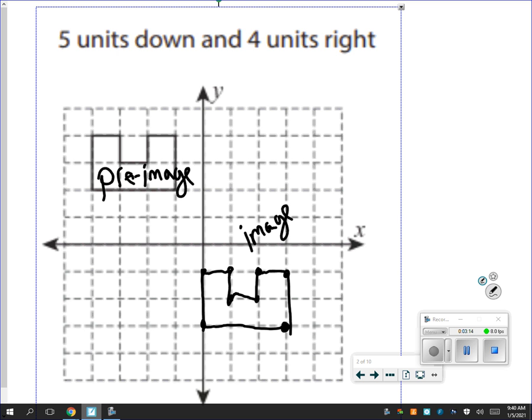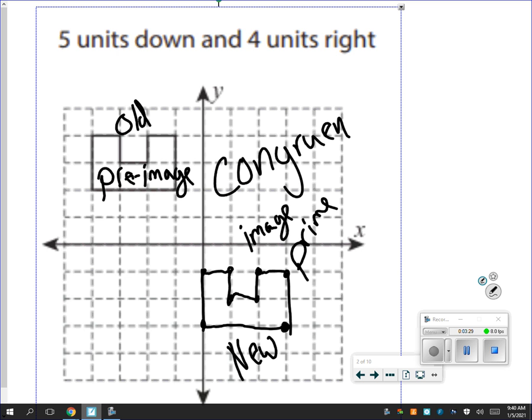Somebody might also call it the prime, but this one's my old one and here is my new one, with our congruence. That's a check for you: the end shape should look exactly the same as the start shape. It's facing the same direction, nothing about it has changed.